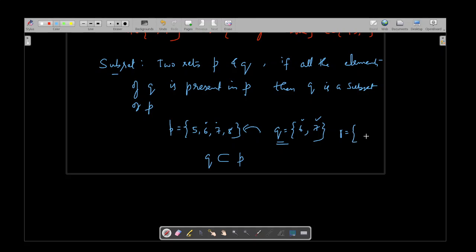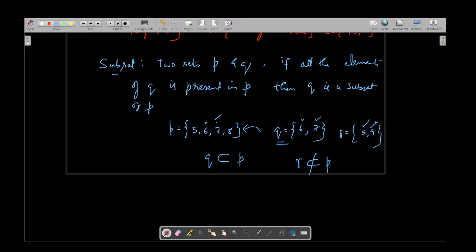If I take R equal to {5, 9}, then R is not a subset of P, because even though 5 is present, 9 is not present in P.